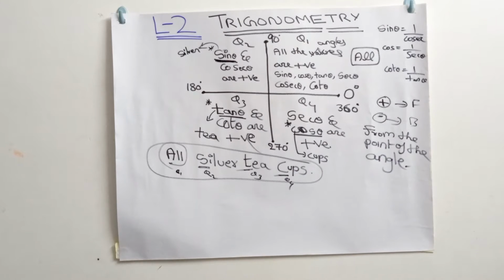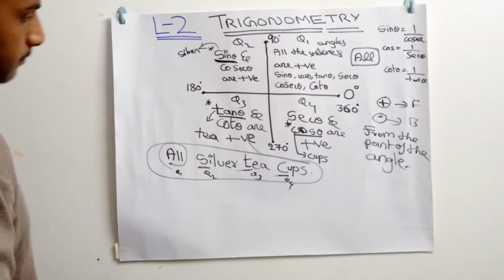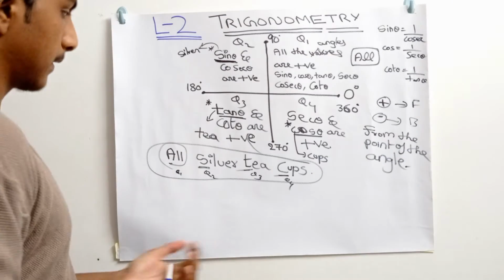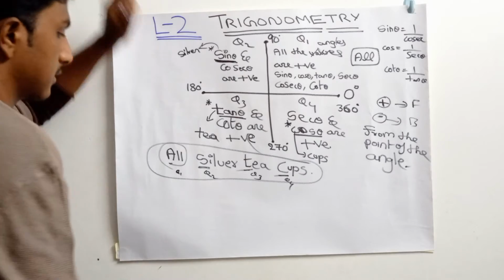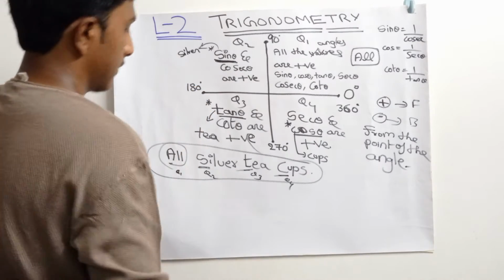Okay guys, I'm starting it. There are three very important identities. I'll write it here.